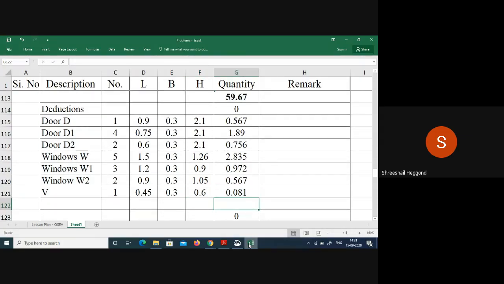You got the values? D2 number is 1 and height is 1.8. Okay, height is 1.8. Number 1. Fine.